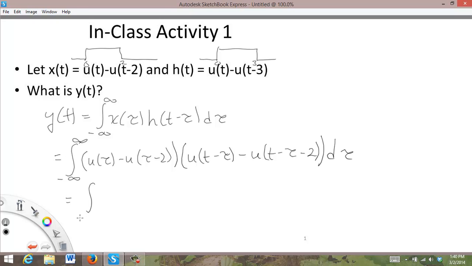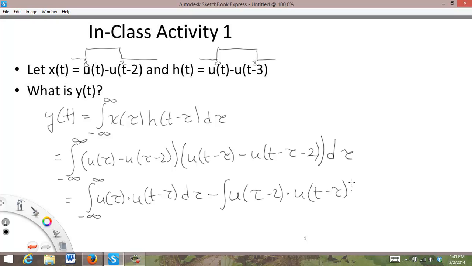So the first integral, from minus infinity to infinity, first terms, u of tau times u of t minus tau d tau. The second term is minus, I'm going to bring that out front, integral u of tau minus 2 times, first, inside this time, u of t minus tau d tau.